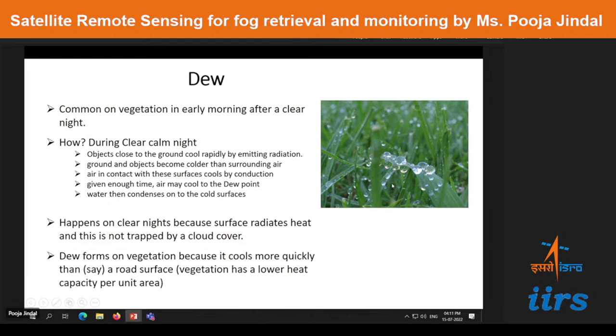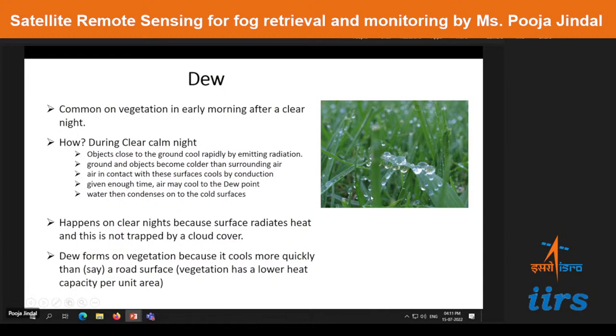So if cloud is not present, emissions will not be trapped and the surface of the Earth will cool to a little more extent, right? Thereby it will also cool the air close to it, so air in contact with this surface will also cool by conduction.